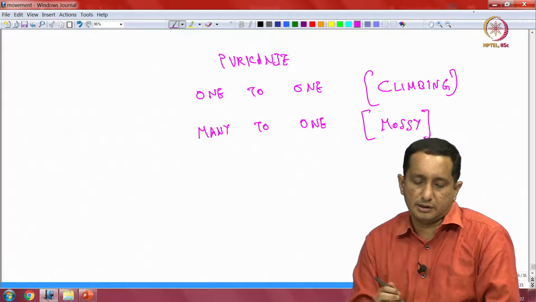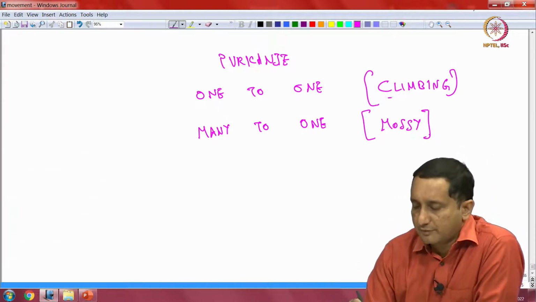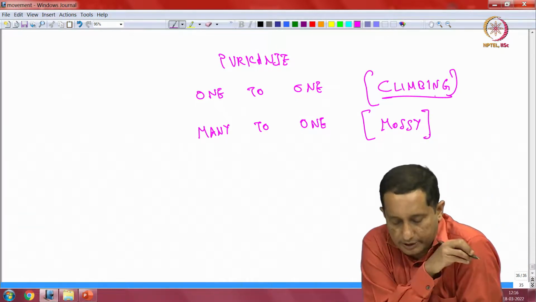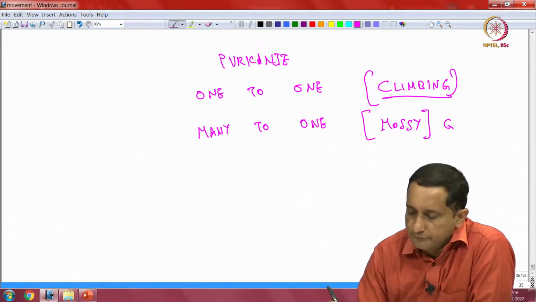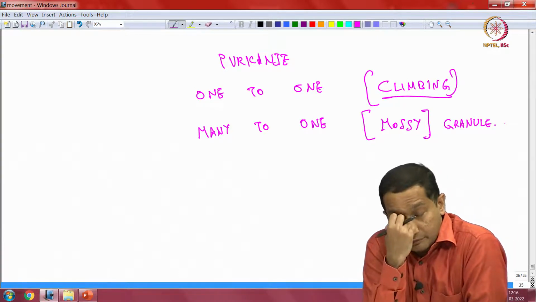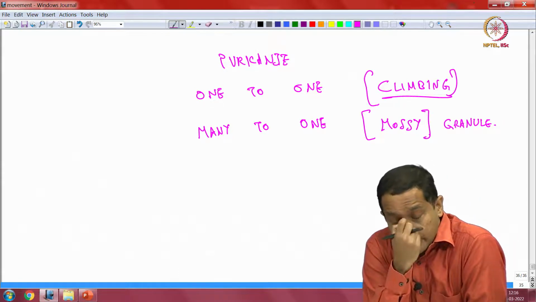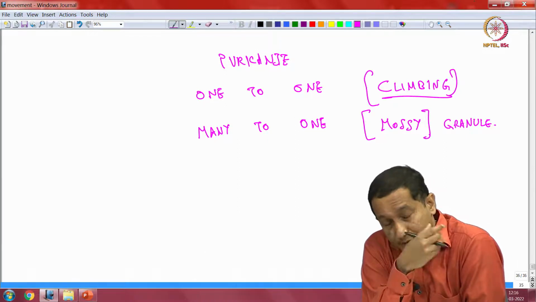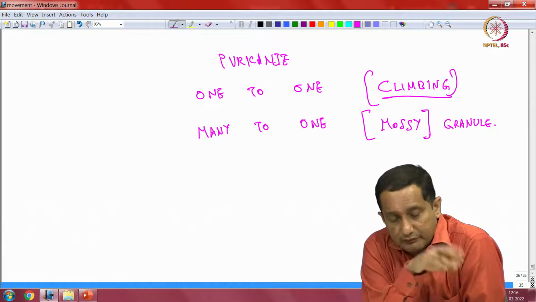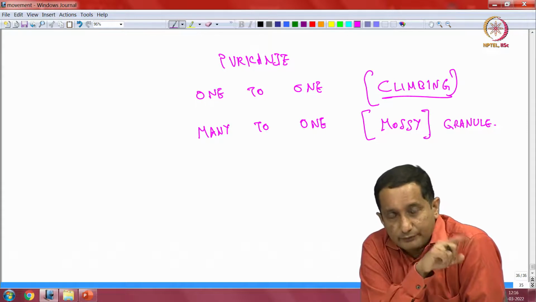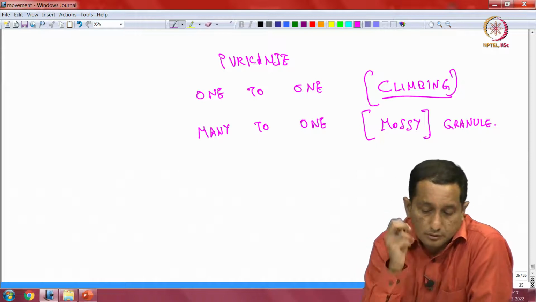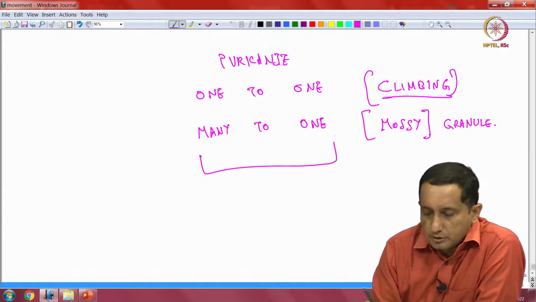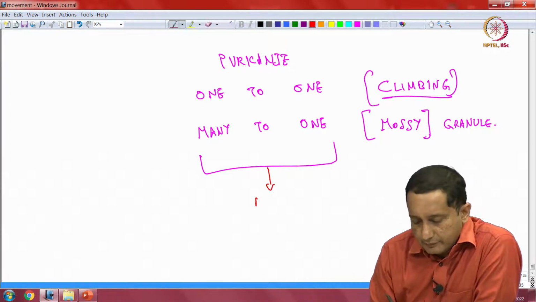Climbing fiber, one fiber goes to one Purkinje cell, whereas mossy fiber goes to a granule cell, and one granule cell would synapse on multiple Purkinje cells. Conversely, one Purkinje cell gets information from multiple granule cells. So, the net output is negative.